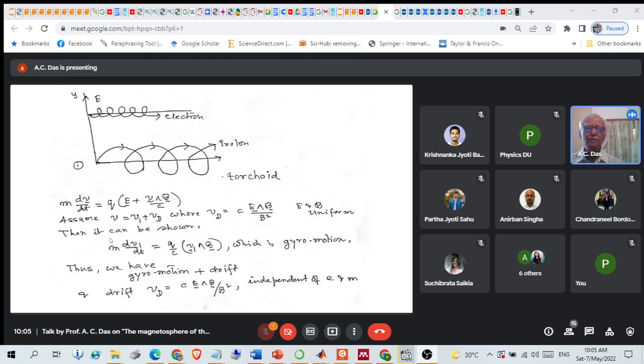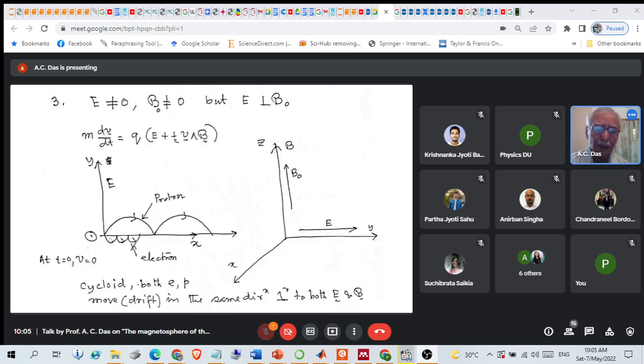Now, when you have the initial particles with initial velocity, let me see, I didn't say the name of the curve that one obtains here. The curve generated by the proton motion or the electron motion is given by cycloid.